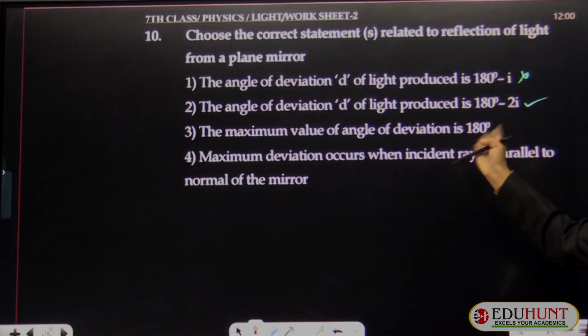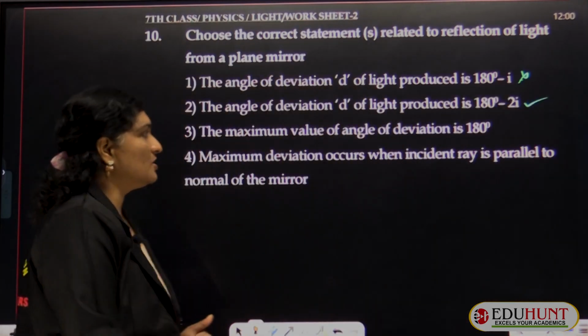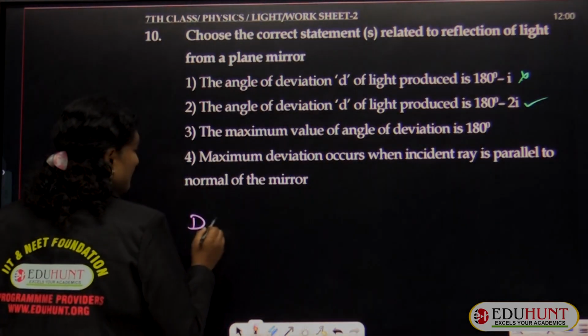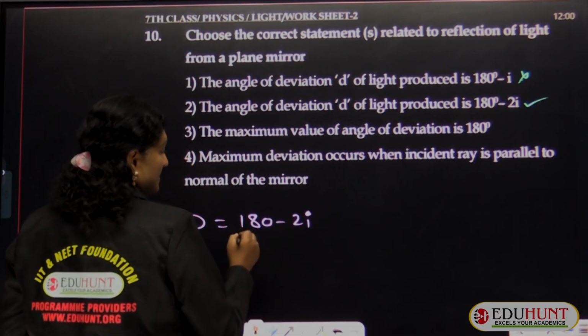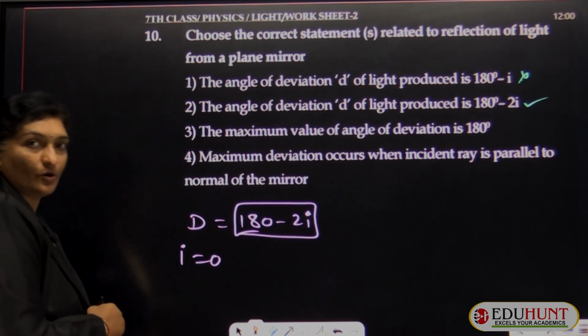Next, the maximum value of angle of deviation is 180 degrees. Let us check whether it is true or not. What is the formula for angle of deviation as we have discussed? D must be equal to 180 minus 2I. To get this value as maximum, I must be equal to 0.